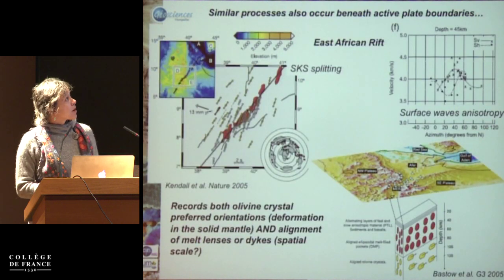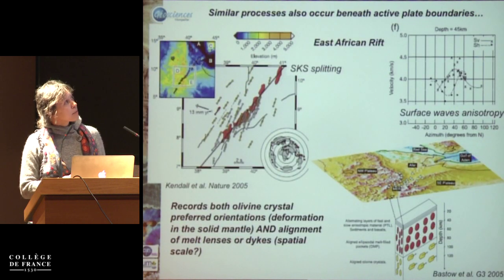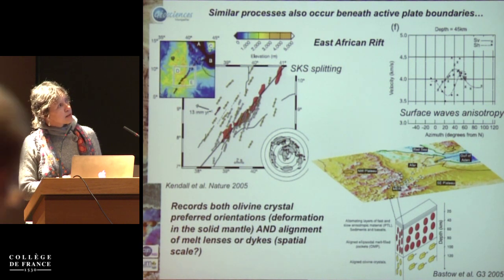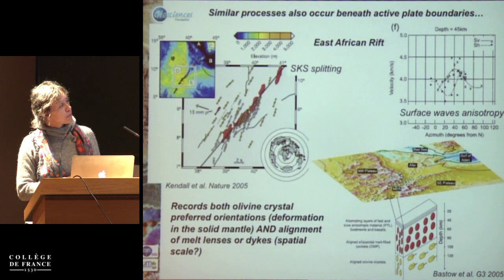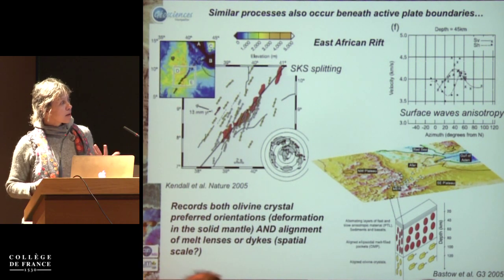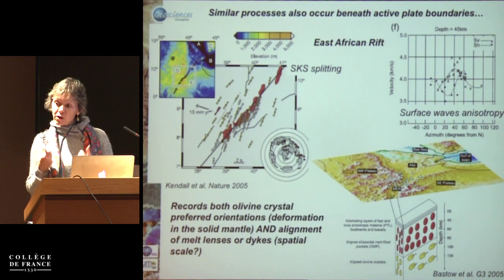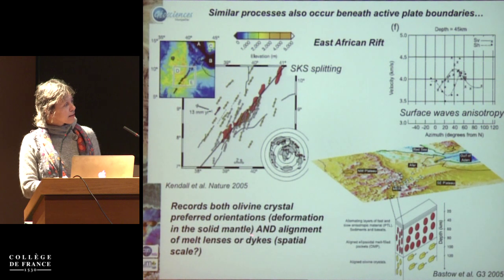This kind of observation also comes from some active plate boundaries, as we have seen this morning, where you can better explain the seismic anisotropy observed in the East African Rift, both from SKS splitting and surface wave anisotropy, if you have both a preferred orientation of the olivine crystals in the mantle, associated to the flow of the solid part of the mantle, and some alignment of melt lenses or dikes.